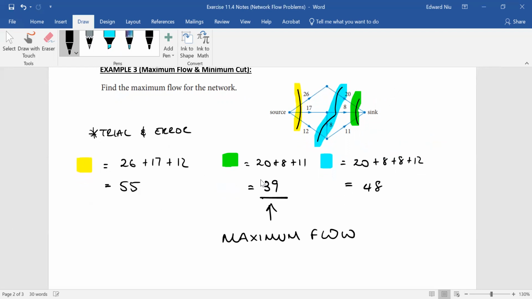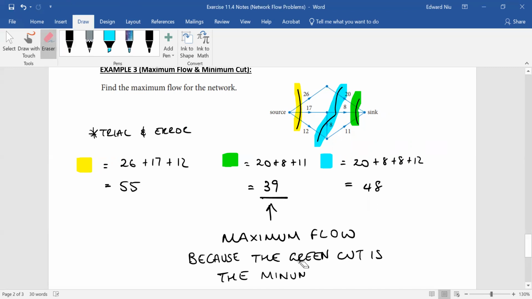And then the rationale is that looks like a W. Maximum flow because the green cut is the minimum cut.